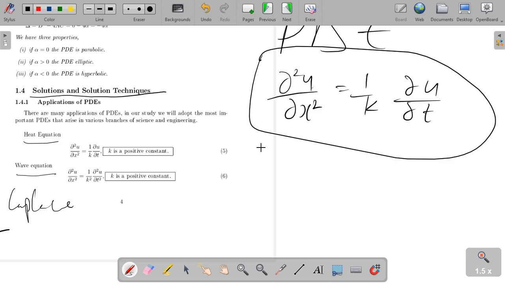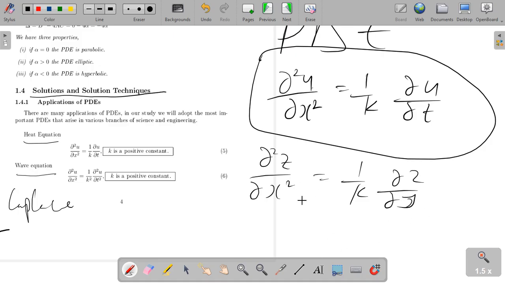We can say partial squared z over partial x squared is equal to 1 over k partial z over partial y. Whenever you see an equation in this form, it is called the heat equation, and this k is a positive constant.